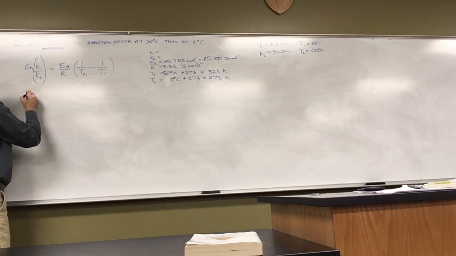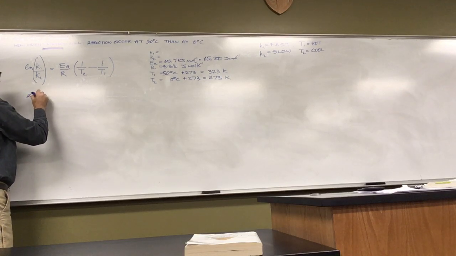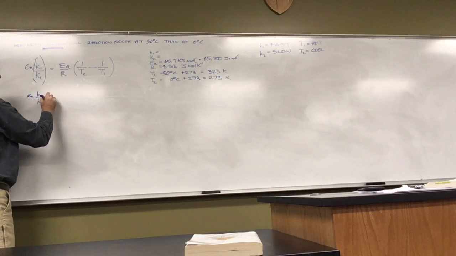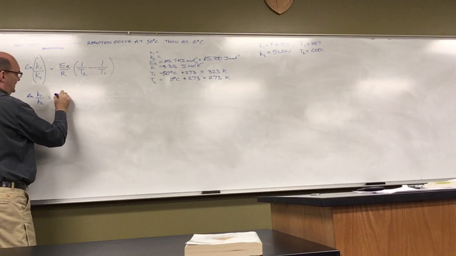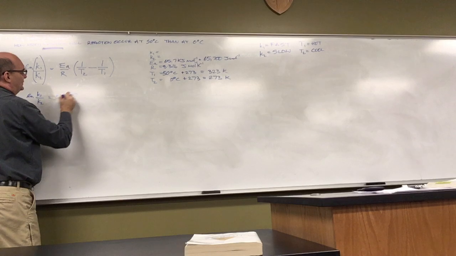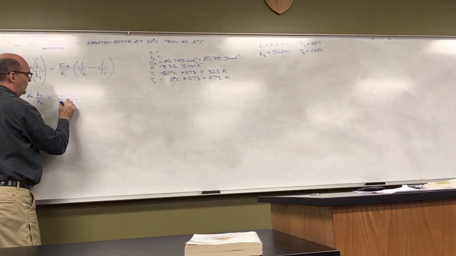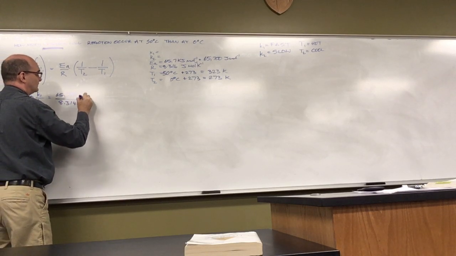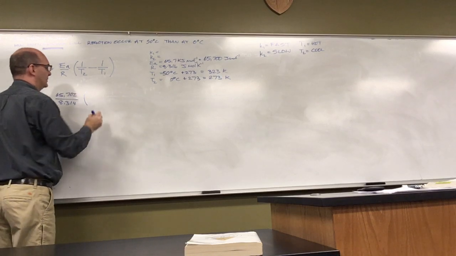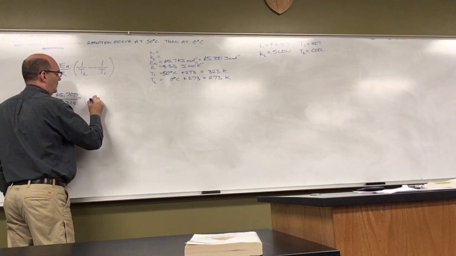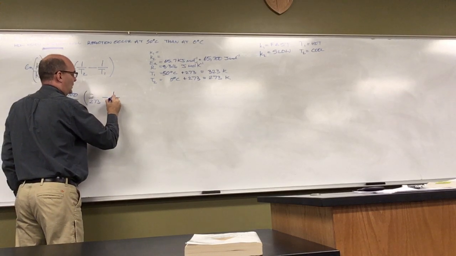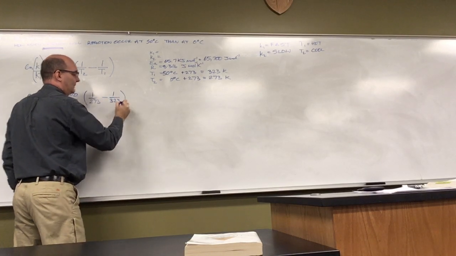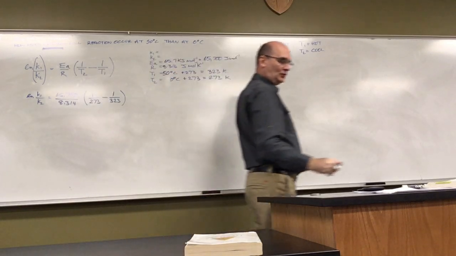Okay, let's put the numbers in. So the ln of k1 divided by k2 is 65,700 divided by 8.314 times 1 over 273 minus 1 over 323. That should work.